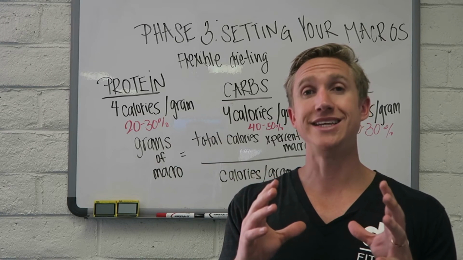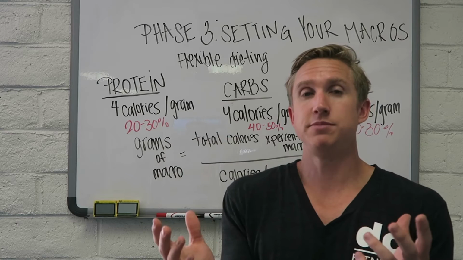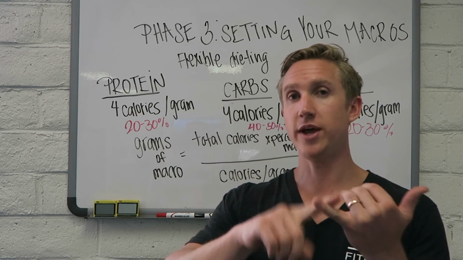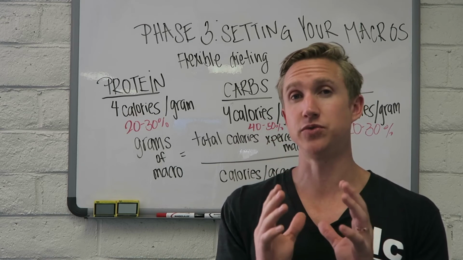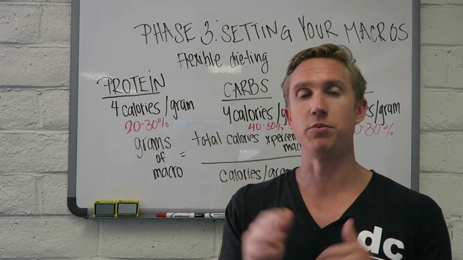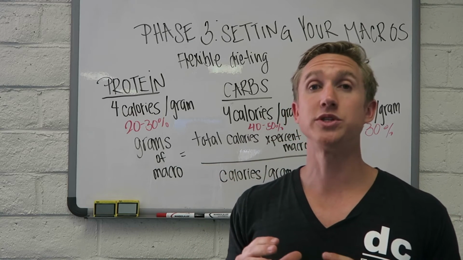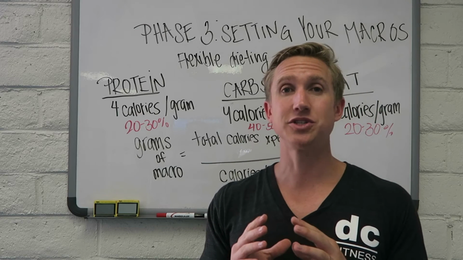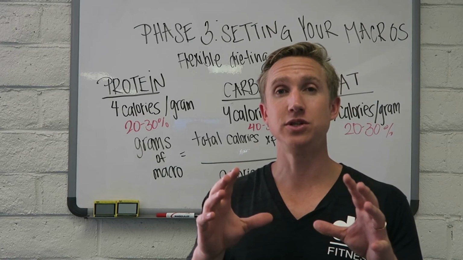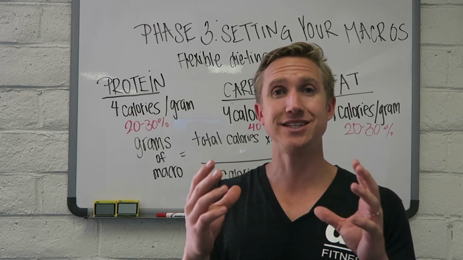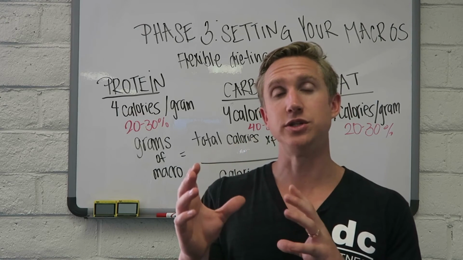It might seem a little tedious, and for the first 3 days, maybe it is. But if you went through phase 1 and phase 2, this should just fly by. If you really have mastered those first 2 phases, you should have no problem with tracking your macros. And what's so cool about that is you can actually eat whatever you want, okay? As long as it fits into your macros, and as long as you're getting about 6 servings of fruit and veg per day.